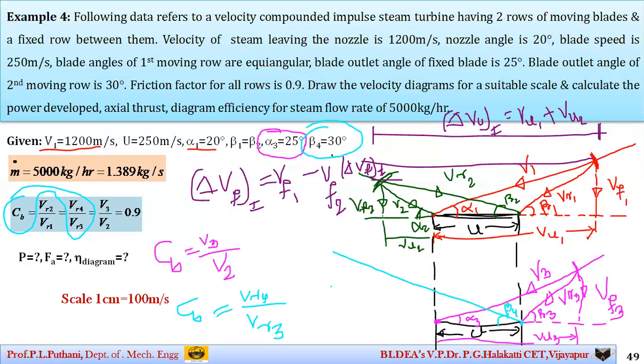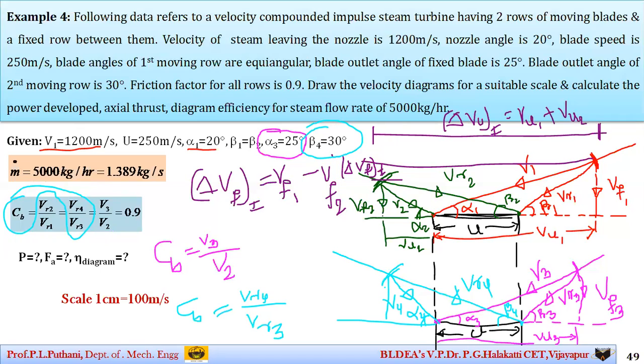Whatever value I get for VR4, I cut it on this particular line and I join to the other side. It is here. So this becomes VR4. This becomes V4. Then extend these lines on both sides. You can see this angle is alpha 4.